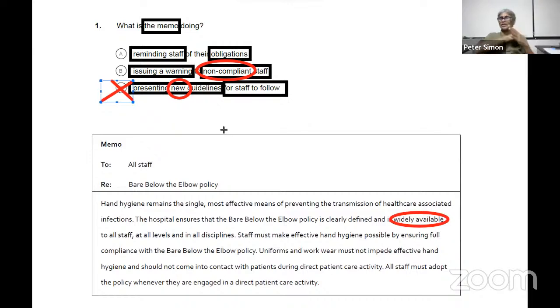One word eliminates the story. If it is widely available, then how can it be new? Widely means universally, means completely. It's well known. So how can it be new?